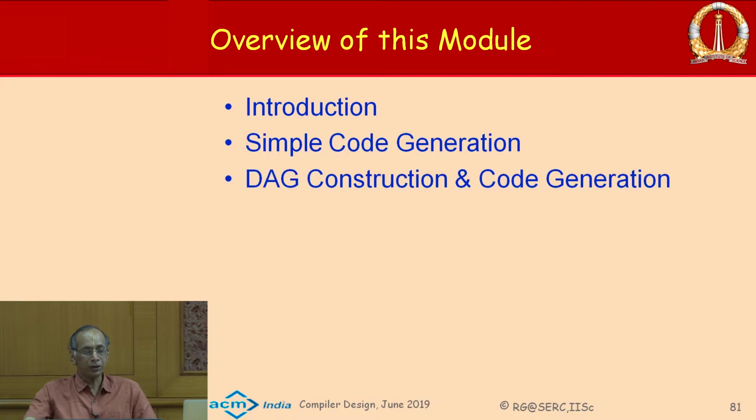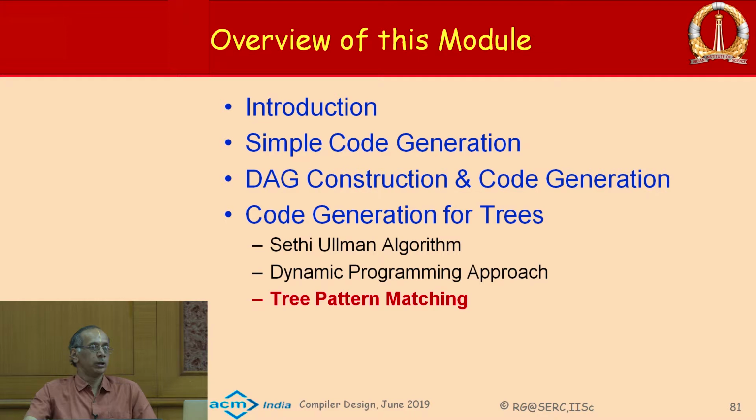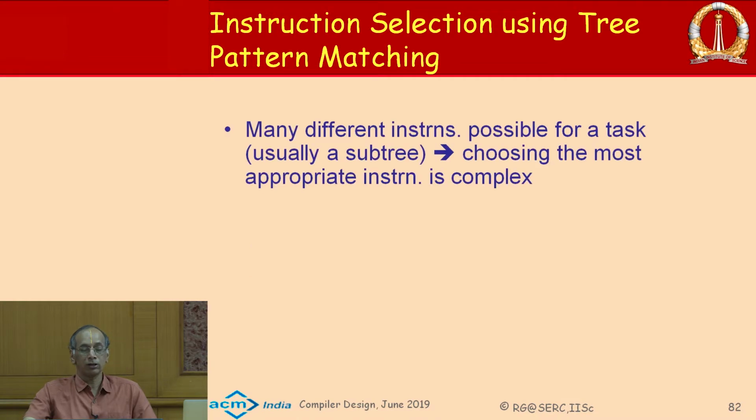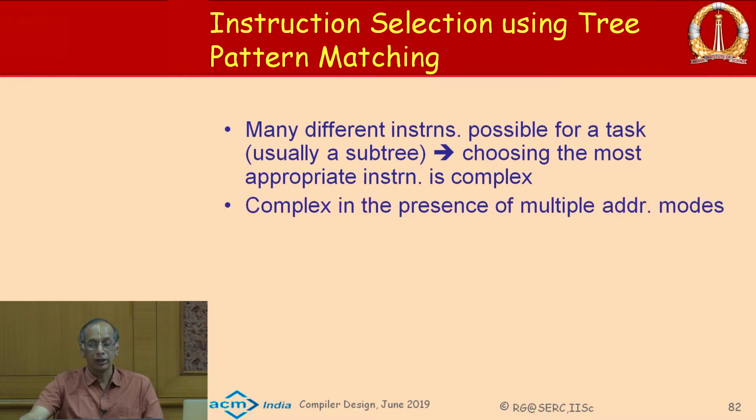Now let us see how tree pattern matching essentially does many of these things and allows you to do appropriate instruction selection as well, okay. So that is the next thing that we are going to talk about. There are many different possible ways by which we can select the instruction, and choosing the appropriate one is a complex problem, right.